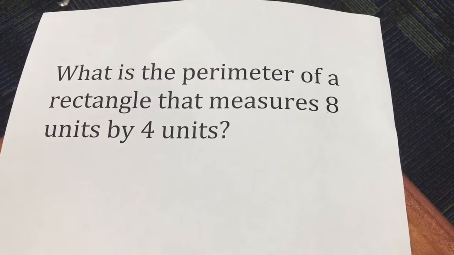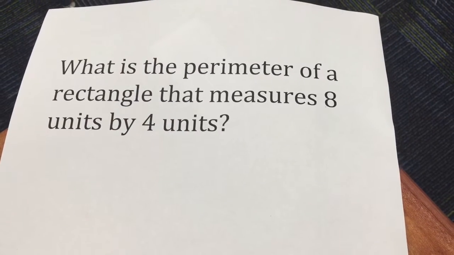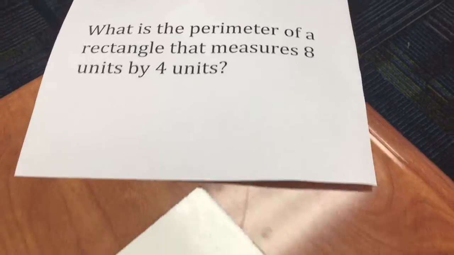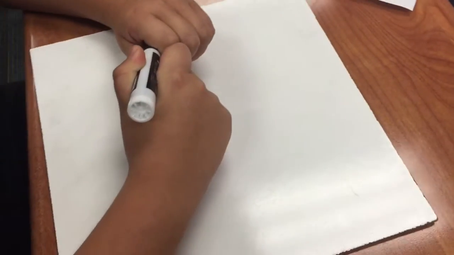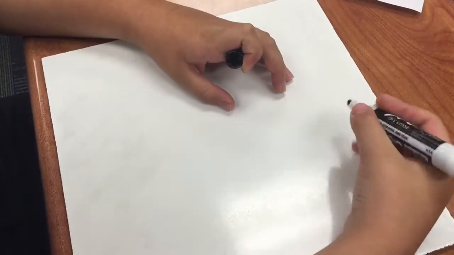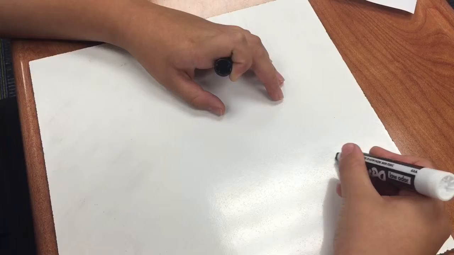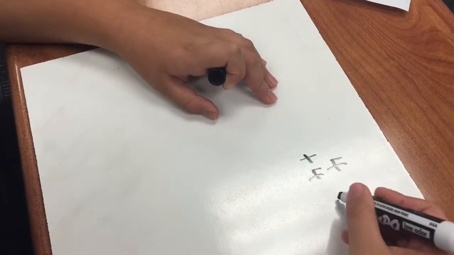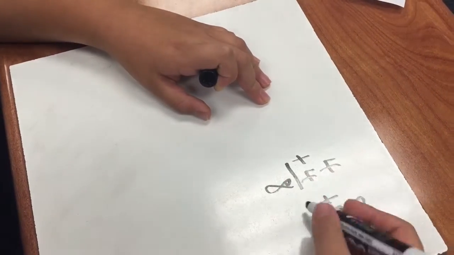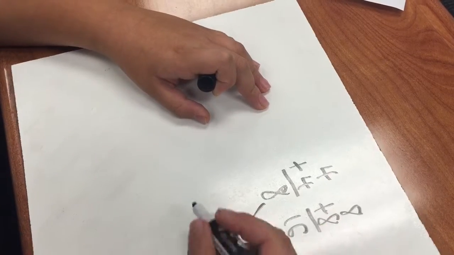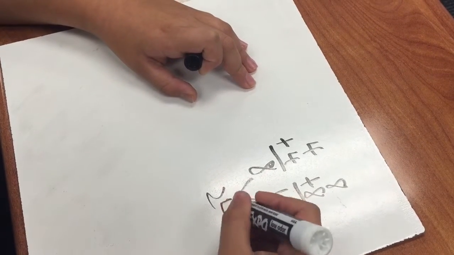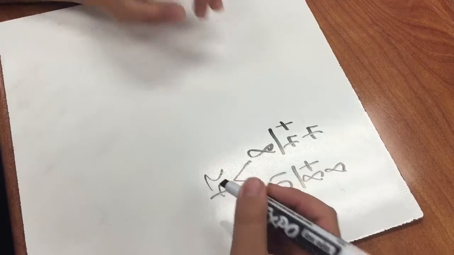Let's watch how student number 2 responded to the same 2 questions. What is the perimeter of a rectangle that measures 8 units by 4 units? 8 units by 4 units? Okay, can you show me what that would look like?